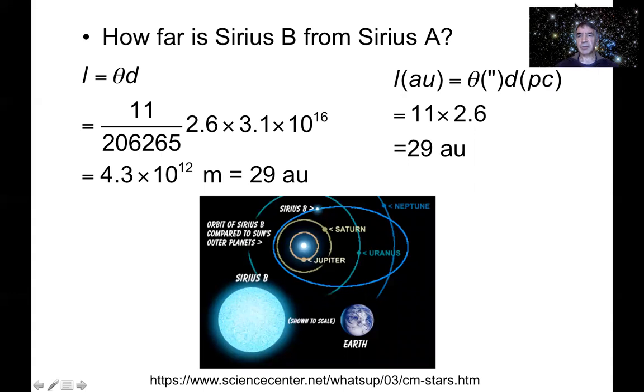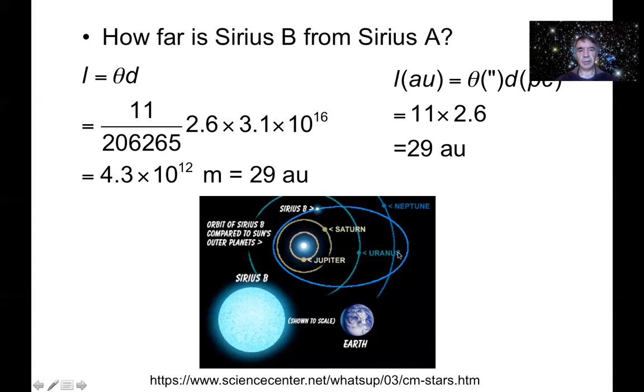The reason for converting to AU was that 29 AU is about the size of our solar system. The orbit of Neptune is out here, and here we can see the orbit of Sirius B, so it has about that size. It's elliptical, as we'll come to later.